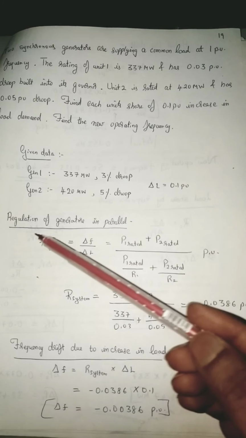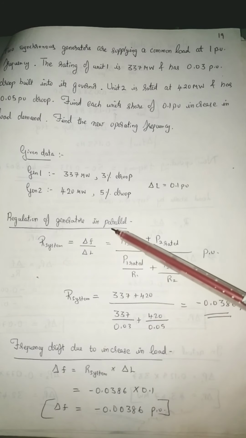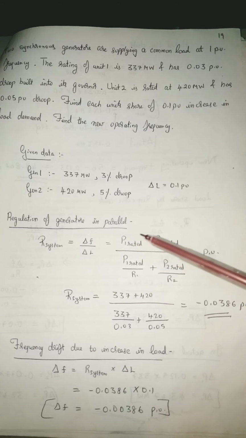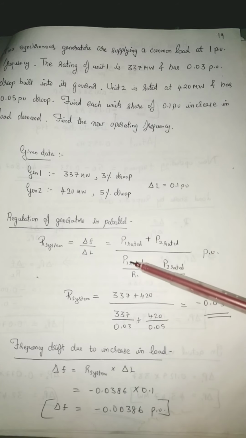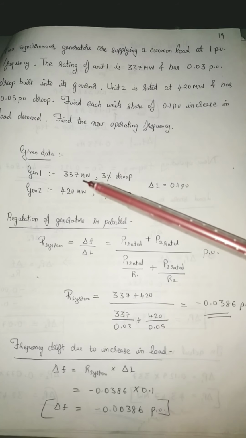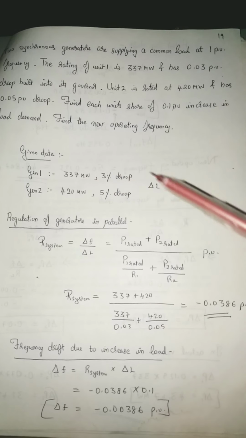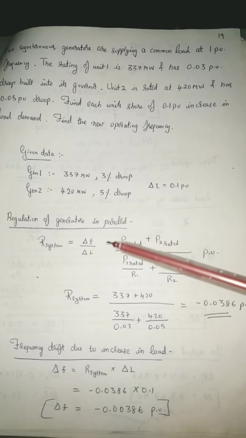Now I'll be using the expression that we have just derived, which is the regulation of generators in parallel. The expression is P1 rated plus P2 rated divided by P1 rated by R1 plus P2 rated by R2, in per unit. Since all our values are given in per unit, and regulation is generally given in per unit, I would prefer to take the formula with respect to per unit.